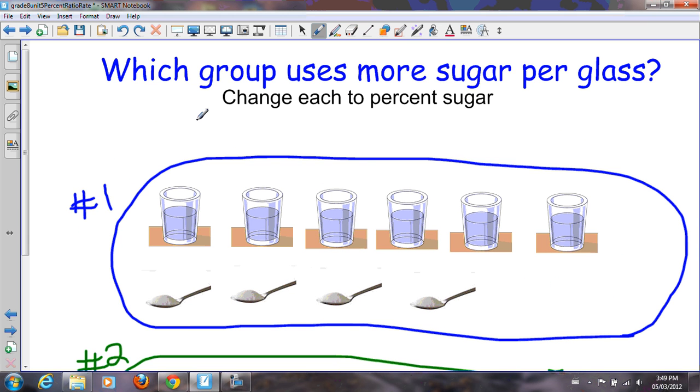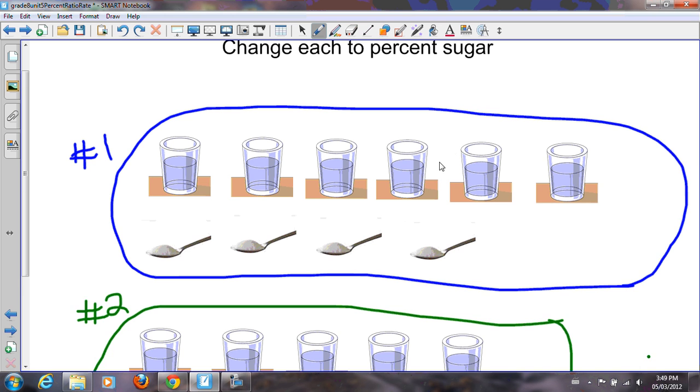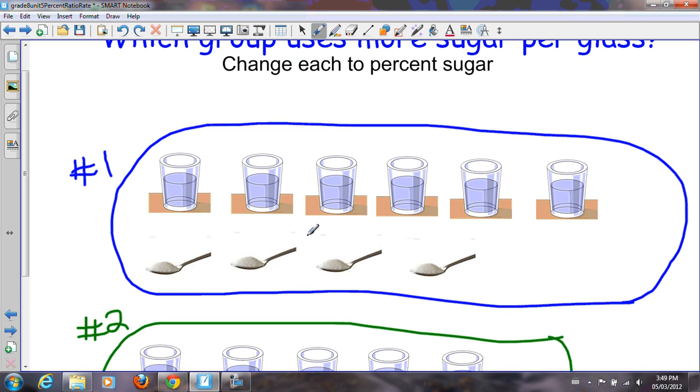Another way to do it is to take the percent. In other words, find out how much is sugar compared to the entire thing. Well, if we look at this one here, we have 1, 2, 3, 4 sugar compared to the whole thing, 1, 2, 3, 4, 5, 6, 7, 8, 9, 10.